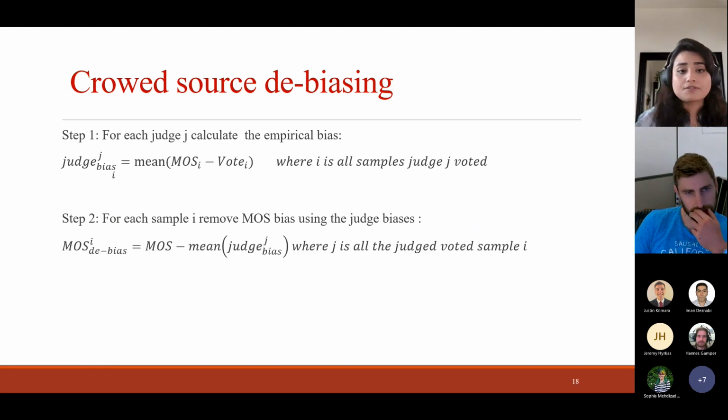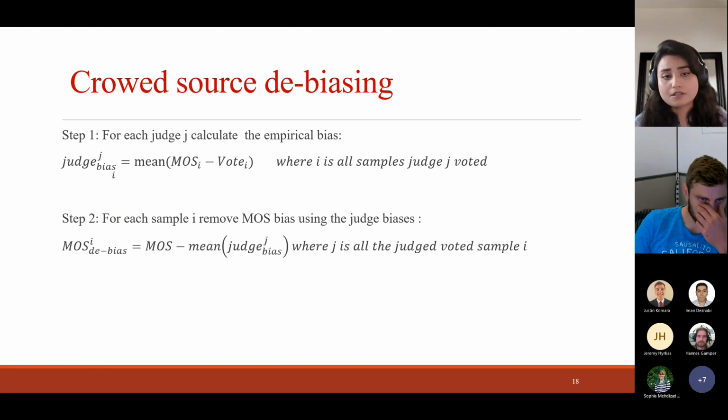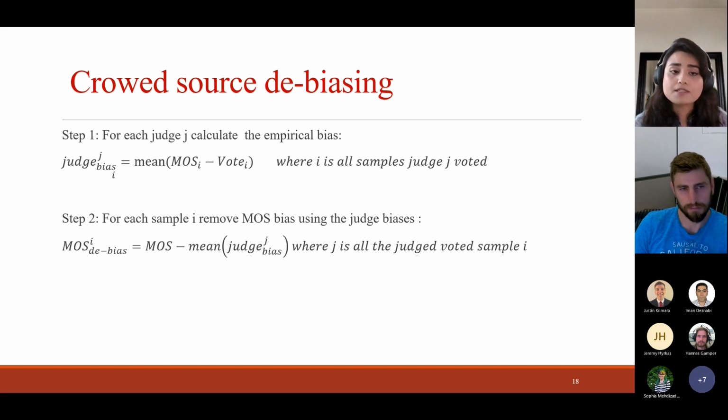And the first method that we tried to address the bias and crowdsourced debiasing is that we empirically calculated the judge biases and then calculated the debiased MOS examples.